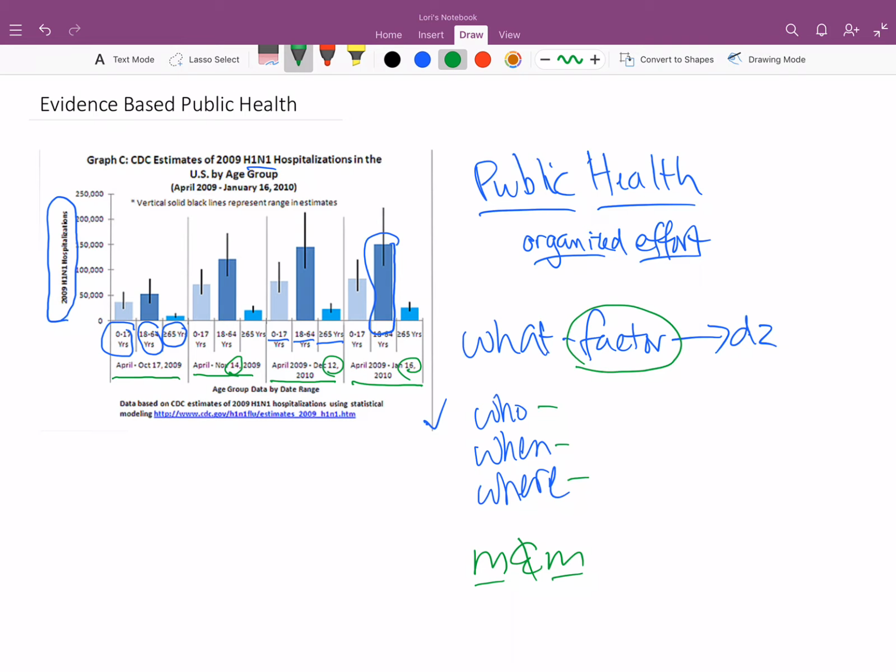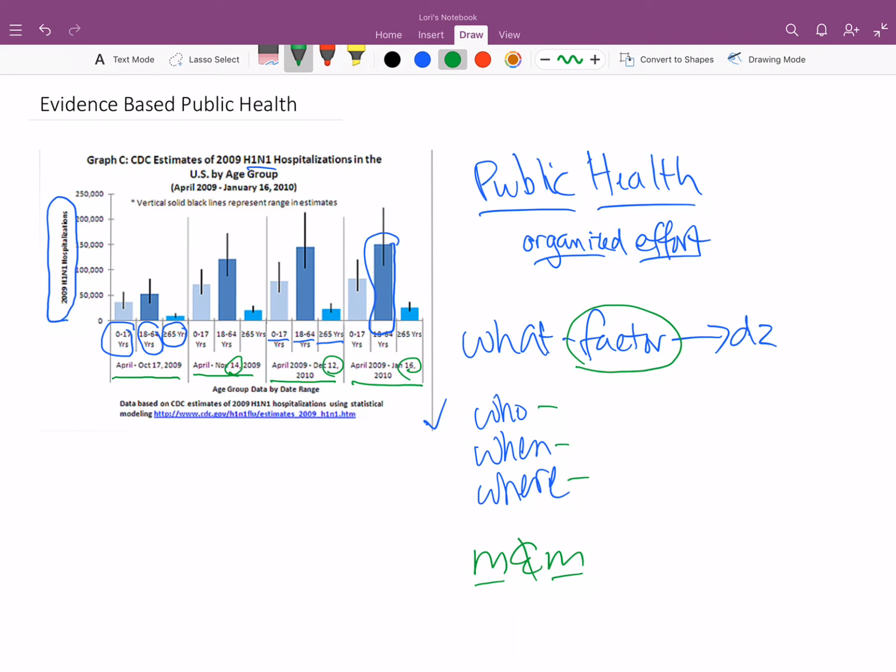Historically, and we'll get into this much more when we talk about the history of public health, before about 100 years ago, very much of public health was organized around infectious diseases, because those were the things that were happening at that time.